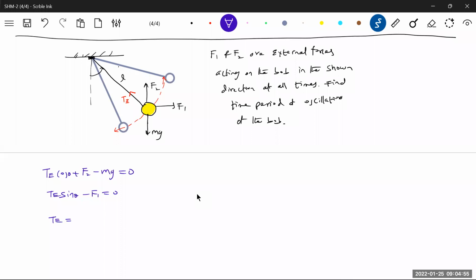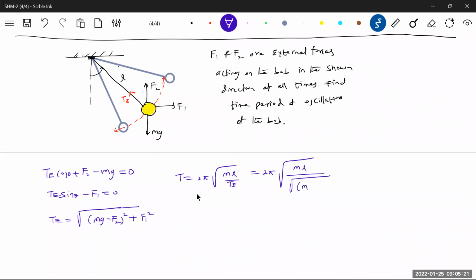Squaring and adding, T is equal to the resultant. Then the time period of oscillations is given by 2 pi root ml by Te. This will be the easiest approach compared to any other.